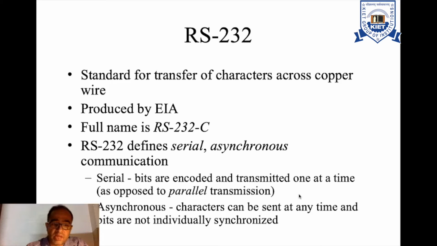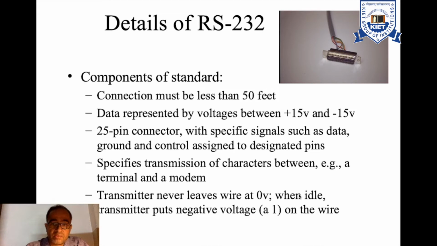Now what happens is that bits are actually encoded and then transmitted one at a time, and there are some characters which are actually added to the start of the bit and end of the bit so that synchronization could happen. As you could see over here, this is the RS232C, where this is the connector.